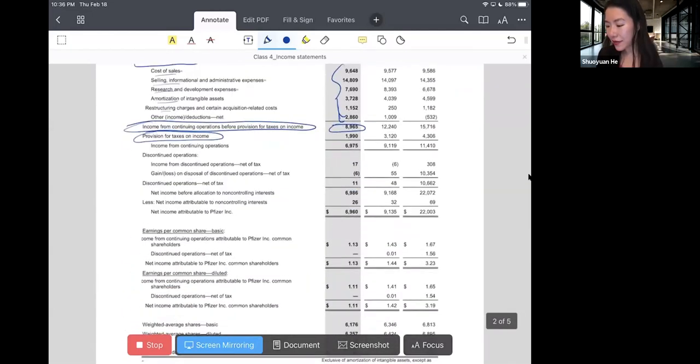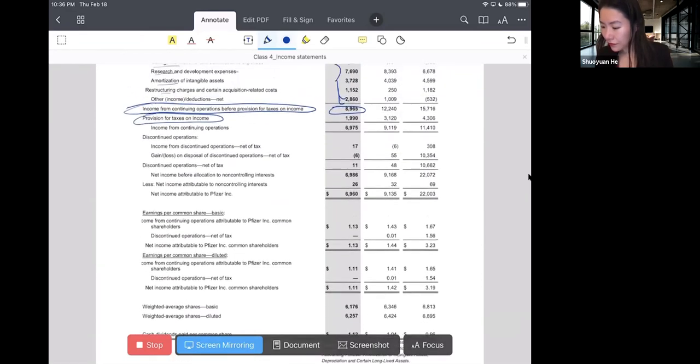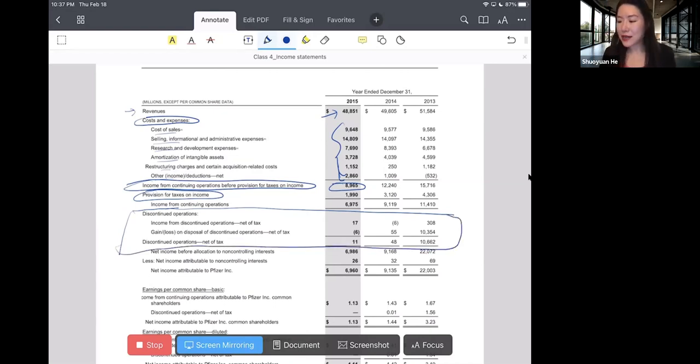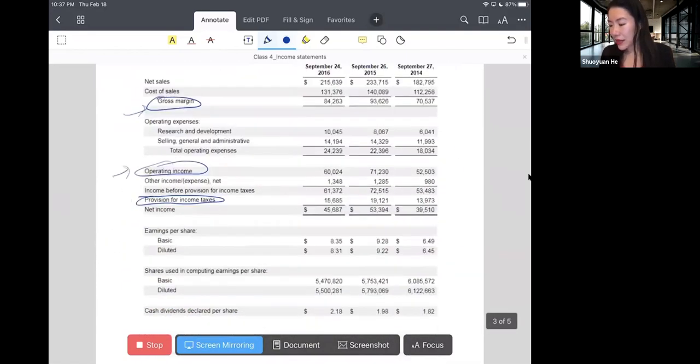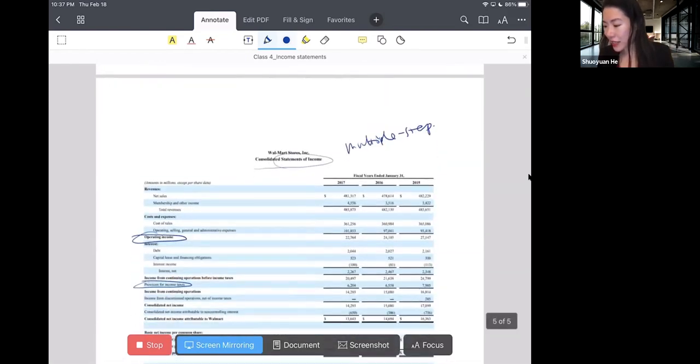How about Pfizer? Yeah, as you can see here, discontinued operations. So this part. Pfizer does have discontinued operation. Apple doesn't have discontinued operation. Intel doesn't have discontinued operation.